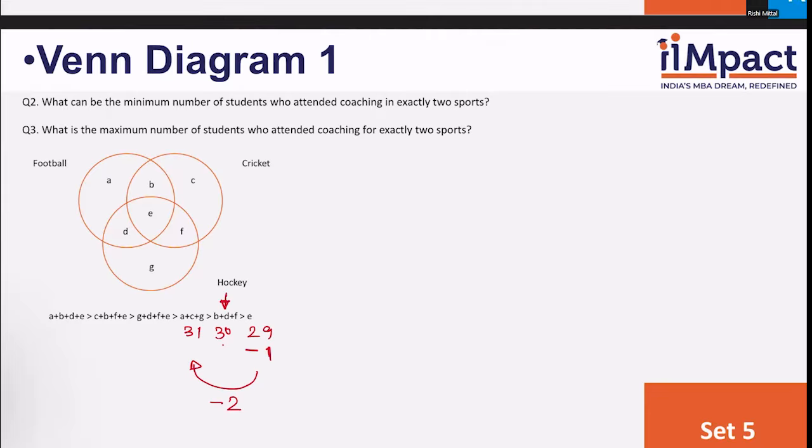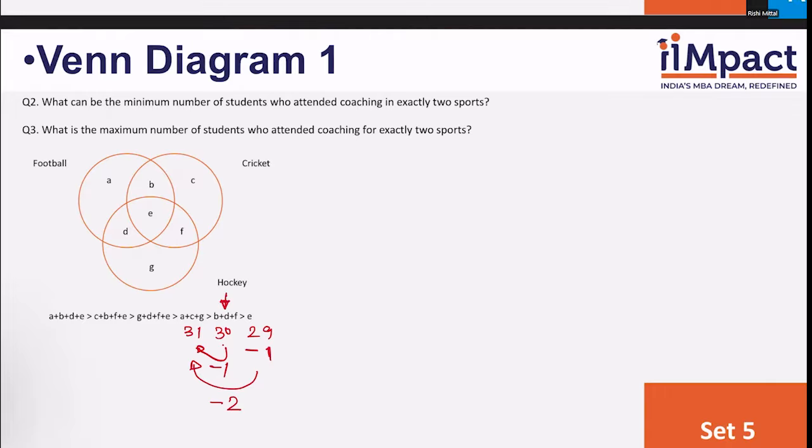There was a player playing all three sports, and now if I put the player to A, C, or G, the player will play only one sport. So two are getting reduced. Similarly, from here to here, there was a player who was playing two sports, and now if I'm shifting that player to A, C, or G, they play only one sport. So there is a minus 1 over here as well.